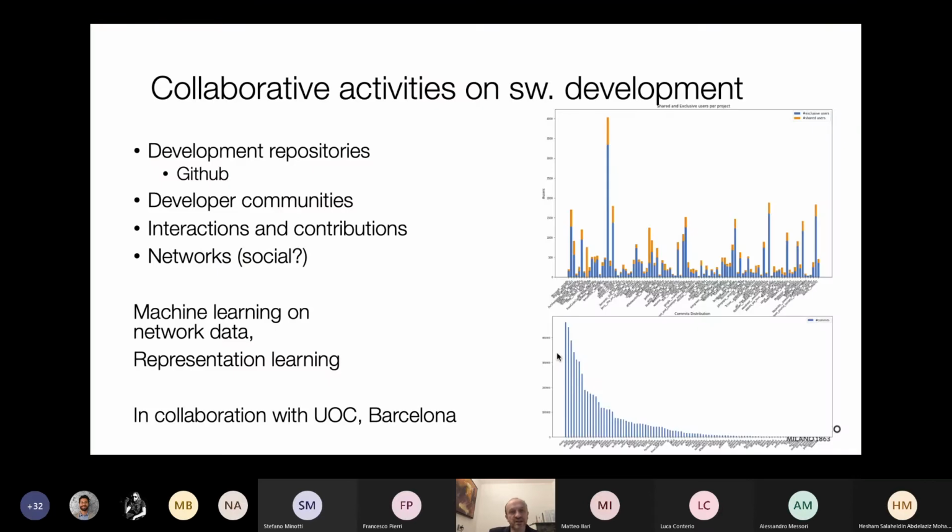The idea is that of studying the behavior of software developers, for instance, in online open source repositories of software.